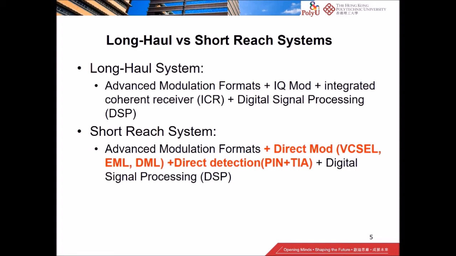For short reach, you are bound to use components that might not be as ideal as you would hope for, and in that case, how do you come up with corresponding DSP to maximize overall transceiver performance? That's the main topic of this area of research, and this is what we will talk about in this presentation.